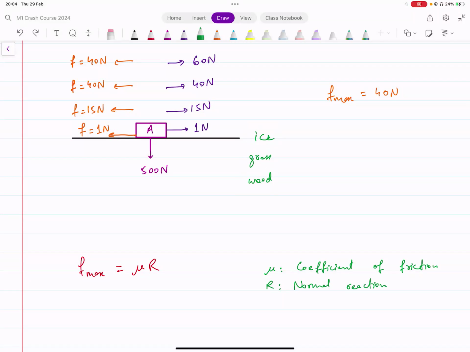Okay. But how do we quantify this roughness? Mu is basically the quantification of that roughness. Mu is high if the surface is more rough, mu is less if the surface is less rough. So mu for ice would be less, right? And mu for grass may be more, mu for wood may be more.